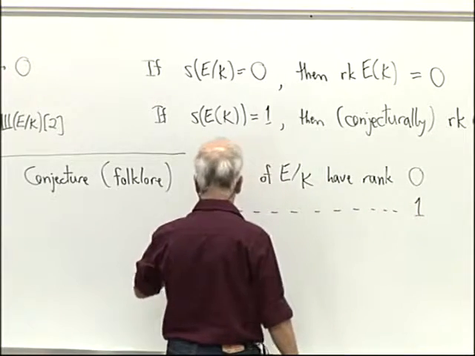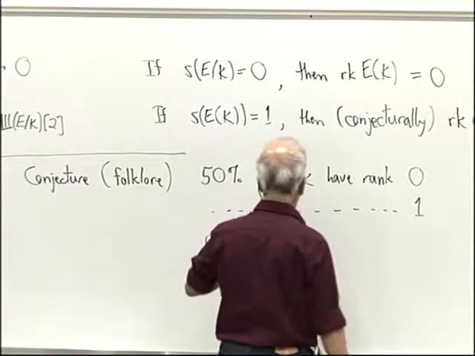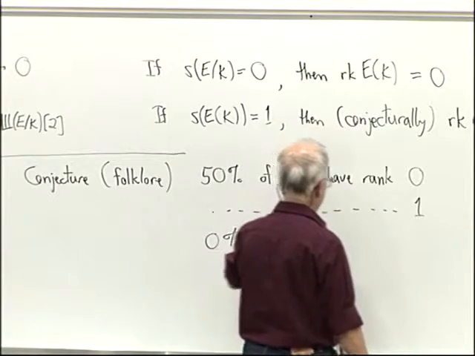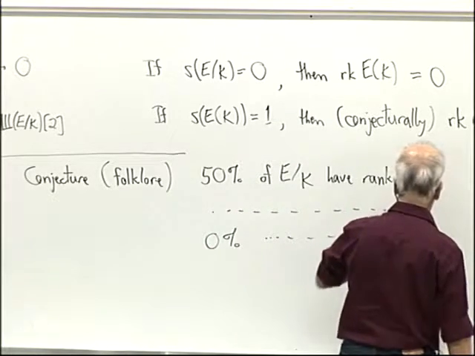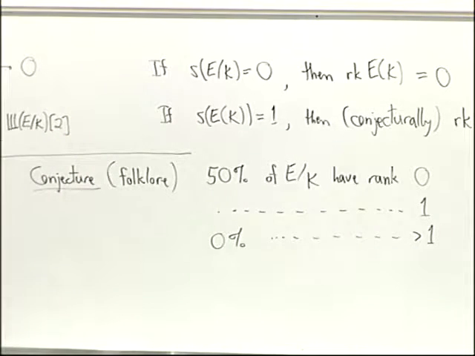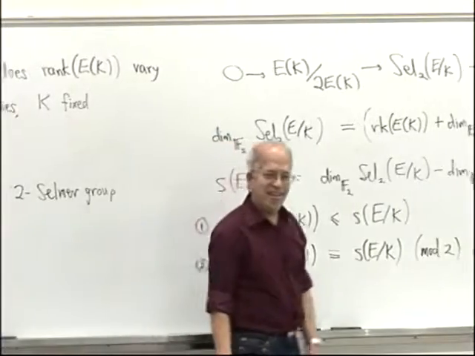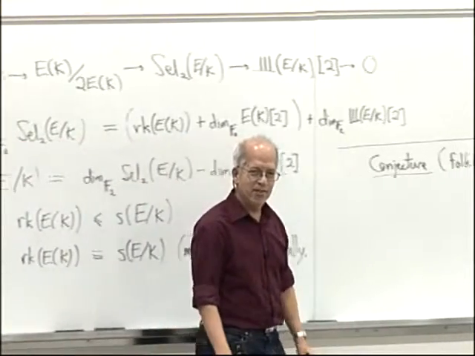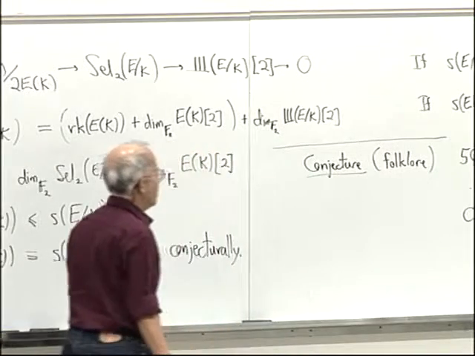And 0%, although not 0 curves, have rank greater than 1. So this conjecture has been around at least most of my adult life, except for maybe a brief period in the 1980s when people were sort of confused and weren't sure, but people seem to believe now.